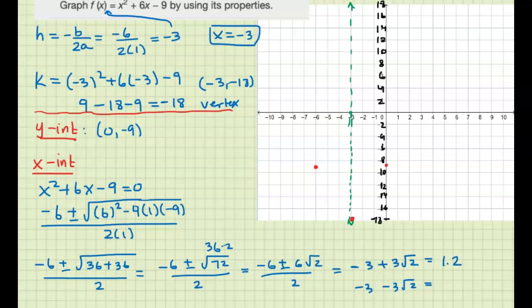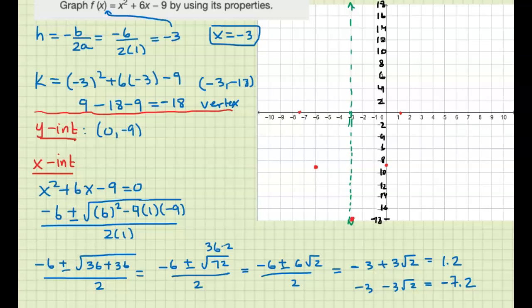And negative 3 minus 3 square root of 2 gives us negative 7.2. So 1.2 is about here, and negative 7.2 is about here. Again, you see that these are the same distance away from the axis of symmetry.